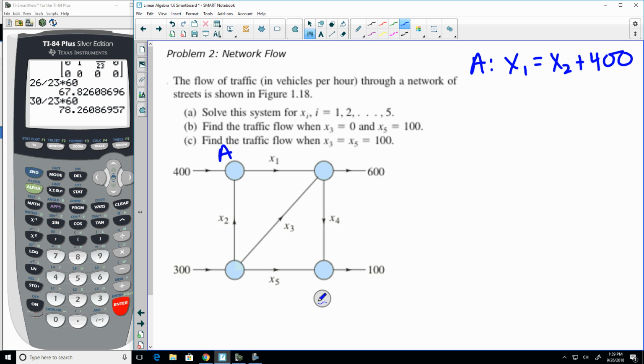There's an equation, but we don't like it in this form. If we want to put this in a matrix, we want all the variables on the left and the constants on the right, like standard form. So we just move that x2 over, and then we can put that in a matrix when we get ready.